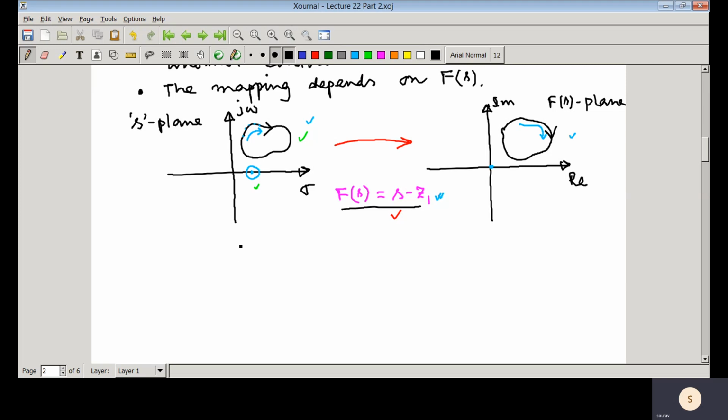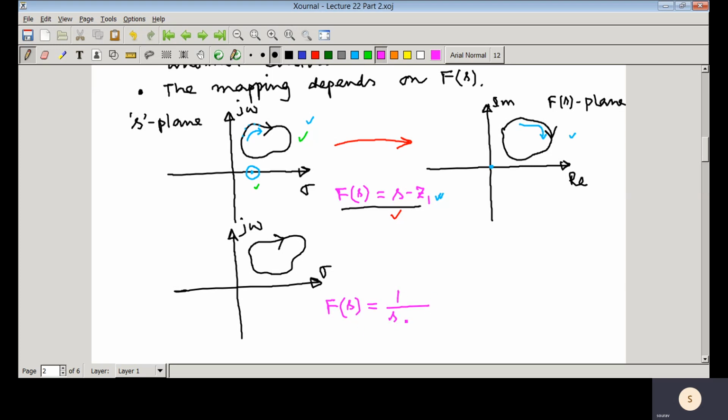So let us see the other cases. Suppose we have a contour like this, and its direction is clockwise, and we have taken a function F(s) equal to 1 by s minus p1. That means it has a pole, and suppose this pole is here, and we can see that this contour does not encircle that pole.